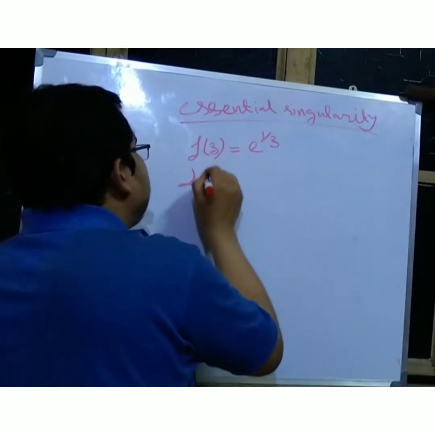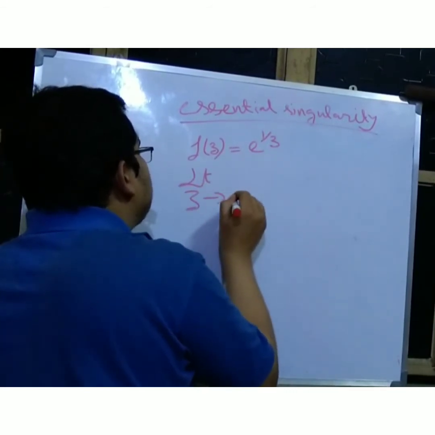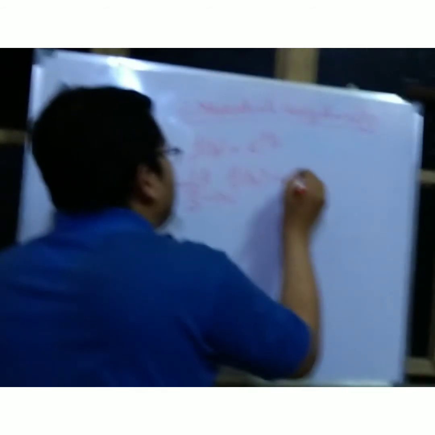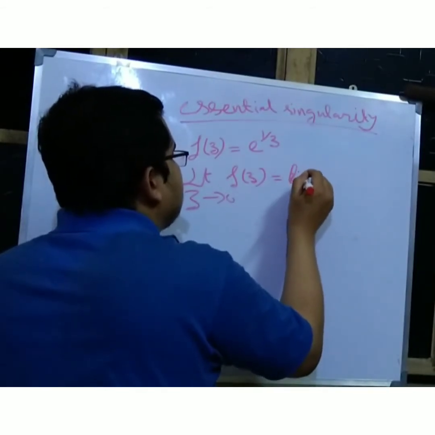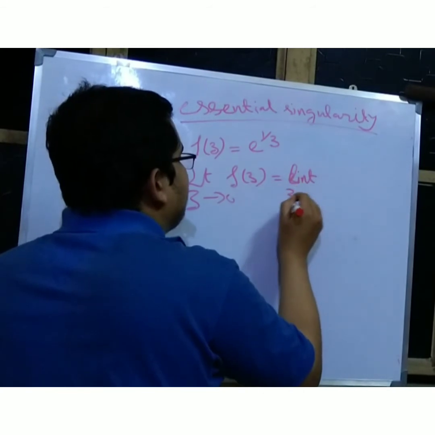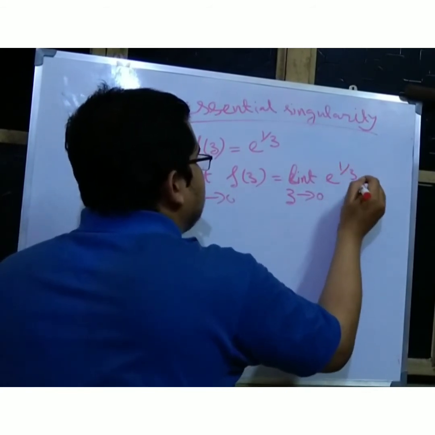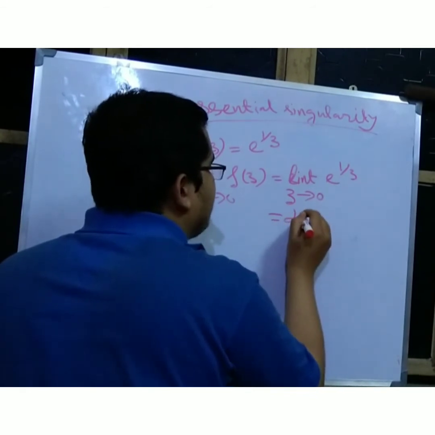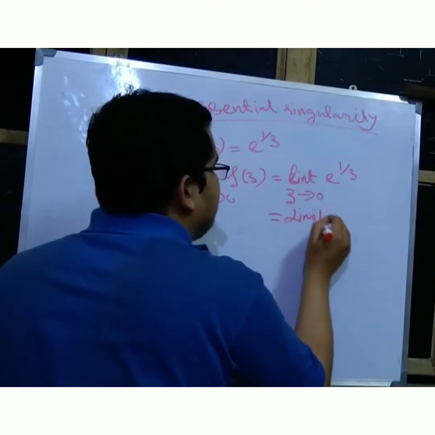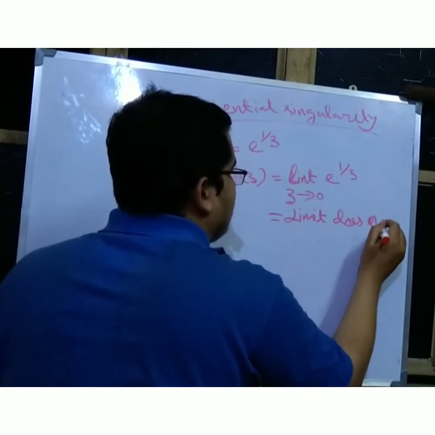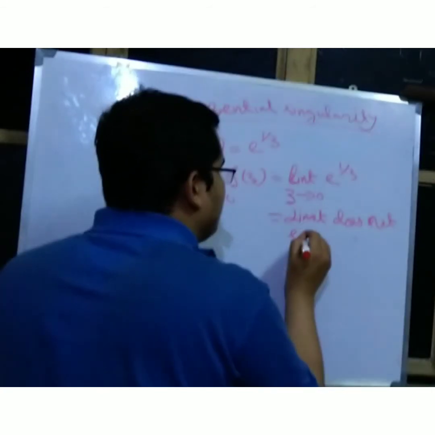So friends, limit z tends to 0 of e to the power 1 by z, the limit does not exist.